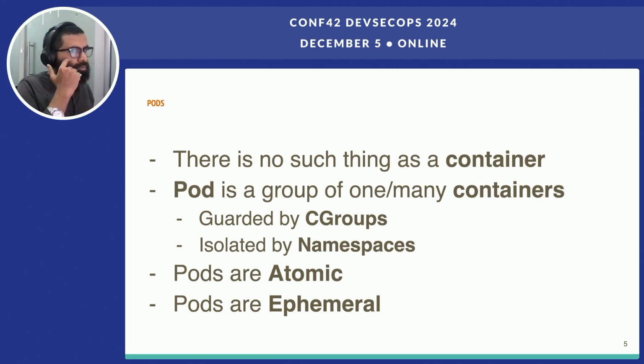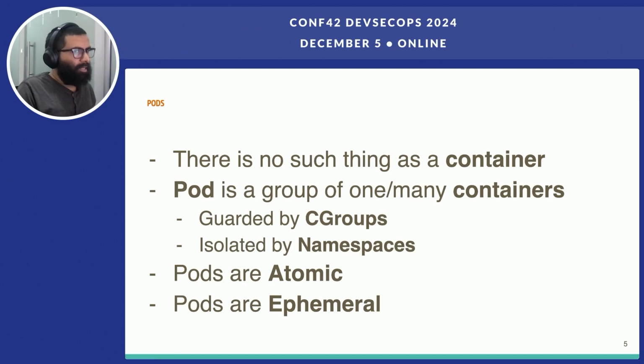For example, if you have an application split into multiple components, like a web server and a monitoring agent, they can reside in the same pod and communicate seamlessly. Pods are also designed to be atomic and ephemeral. Atomic means they're treated as a single unit. If something goes wrong in a pod, the entire pod is replaced.